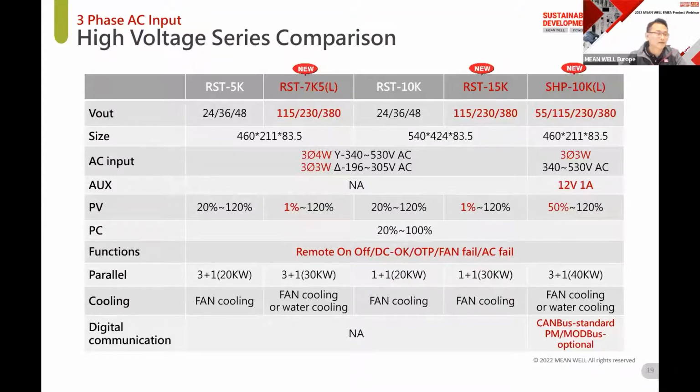All of them have remote on-off, DC-OK, and OTP protection. One thing I would like to point out is the PV function of the RST 7K5 and 15K. The PV can trim the output voltage down to 1%. It's suitable for electrolysis systems or charging applications, which need the power supply to be driven under low voltage conditions.